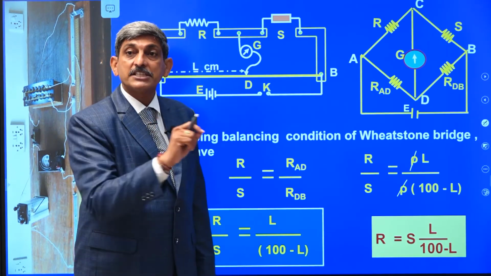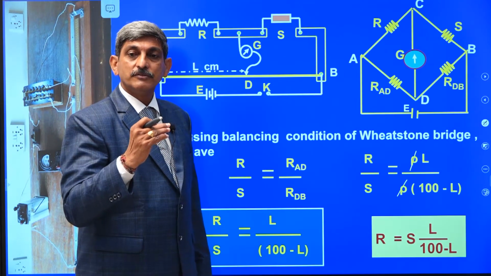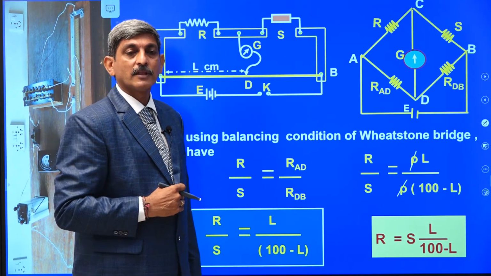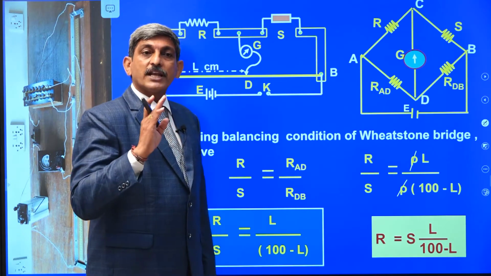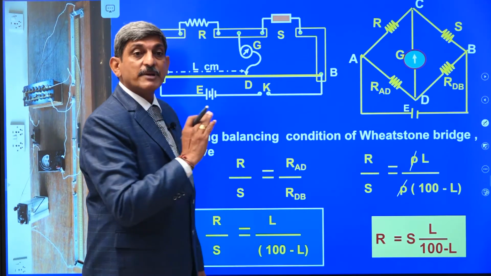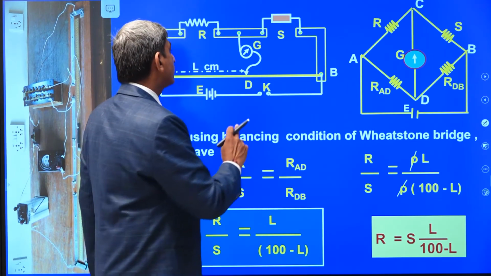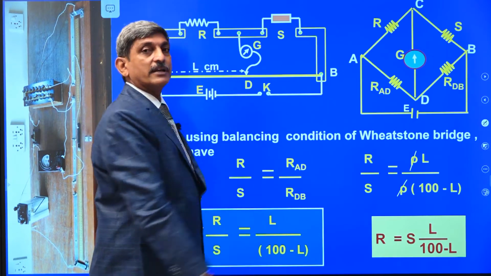If you take the average of the three, you will get the unknown resistance value with more accuracy. We can also prove that the accuracy in the measurement of resistance is more whenever the balancing point is obtained at the middle of the wire.